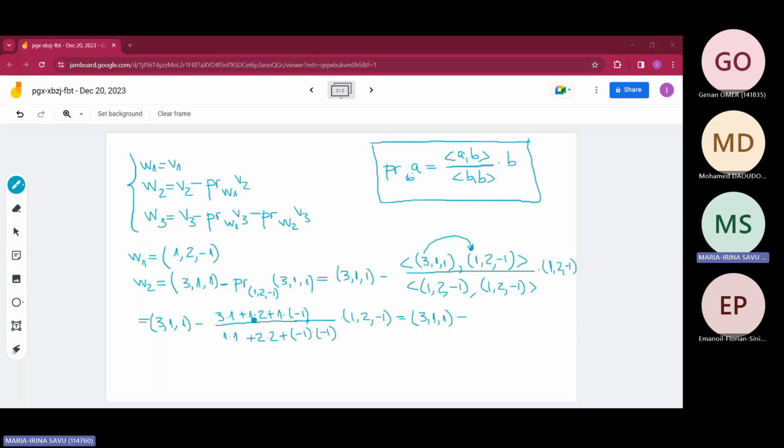We have 3 plus 2 minus 2, which is 3, over 6. This is 1 over 2.